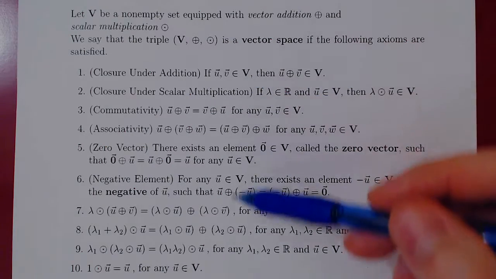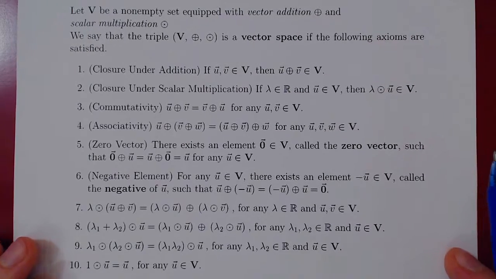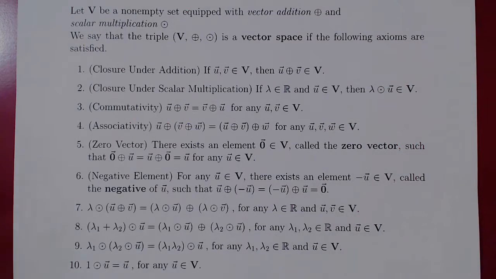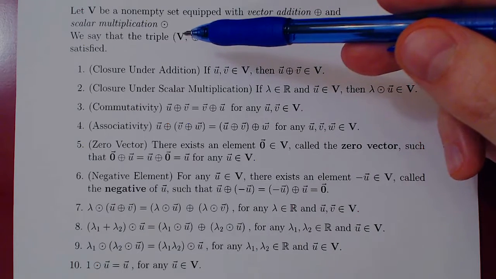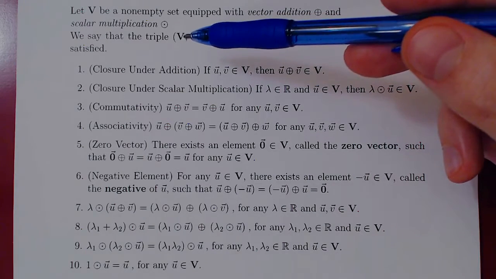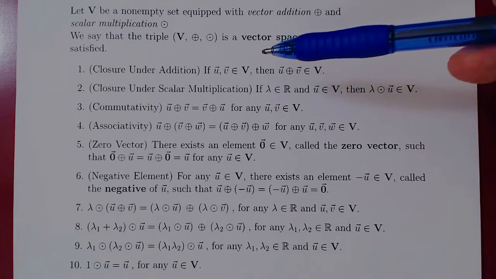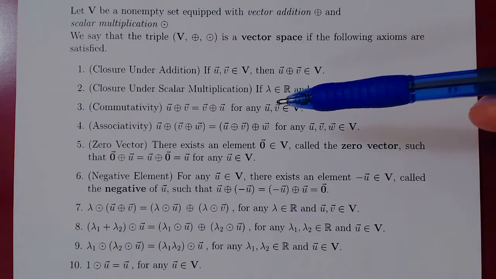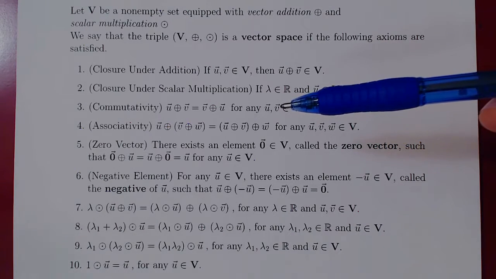And if you look at these 10 axioms, they are very familiar. We've seen these many times before. And surprisingly, if you have a set of elements, whatever the elements are, and you will see that very shortly we will consider spaces of actual vectors, matrices, even functions. We will even think of functions as vectors.